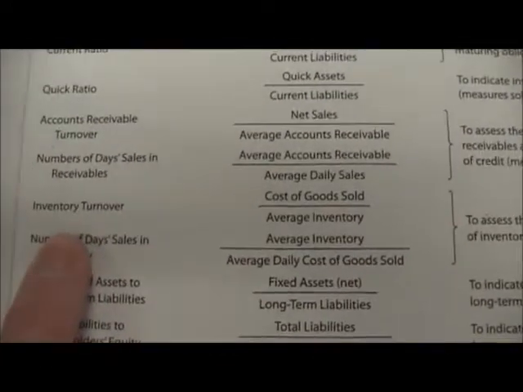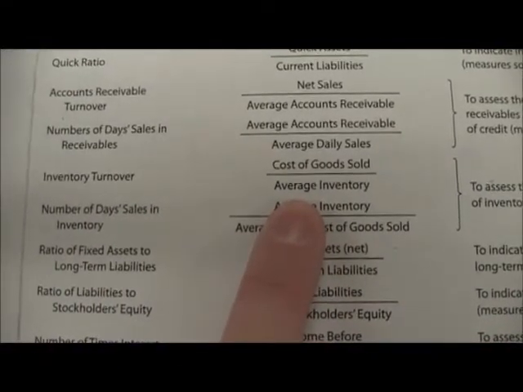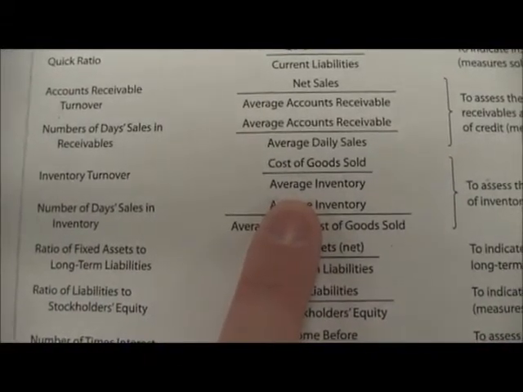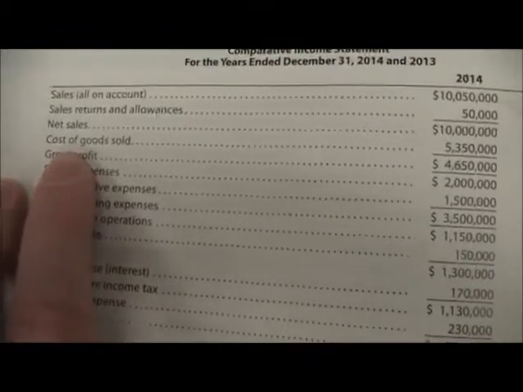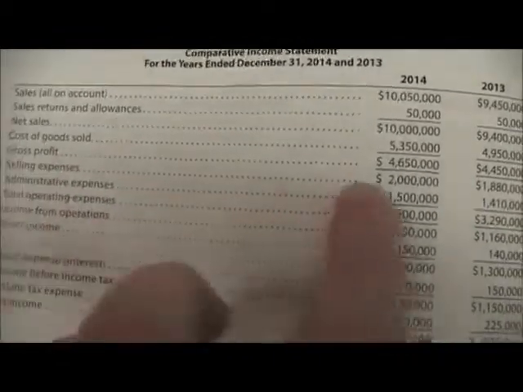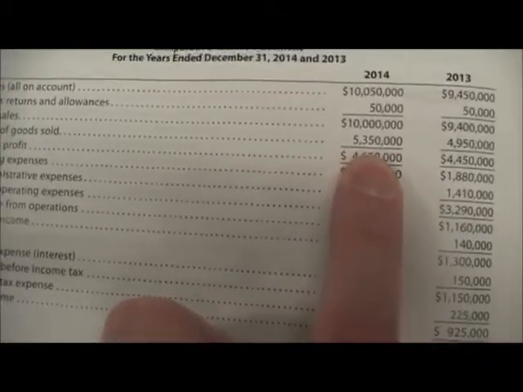Number 6 wants inventory turnover. Our inventory turnover is cost of goods sold divided by our average inventory. So we're going to come back over here to our income statement in our book. Cost of goods sold, our book tells us, was $5,350,000.